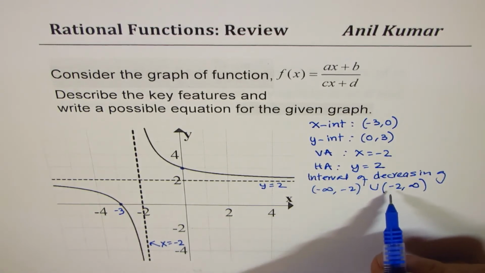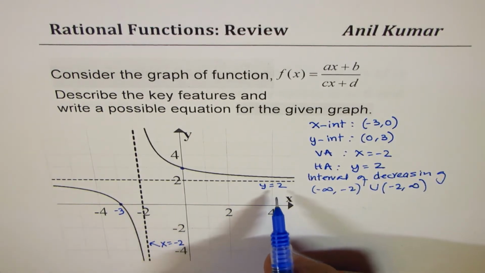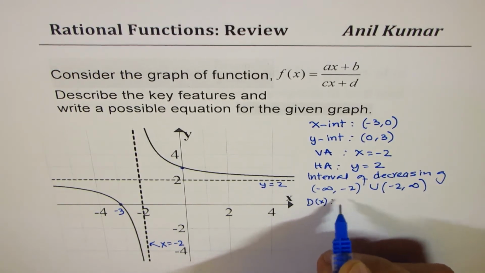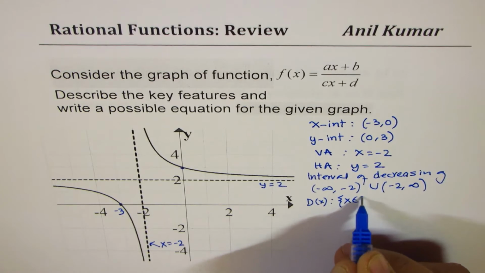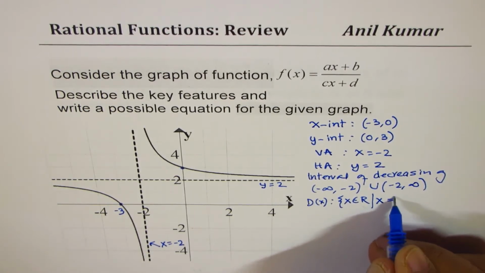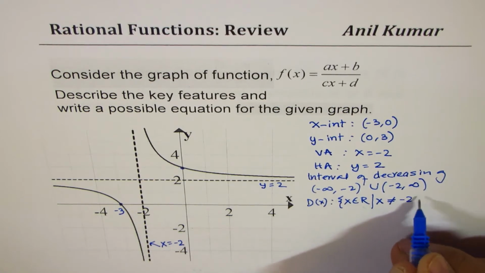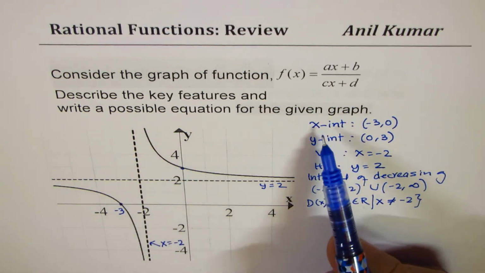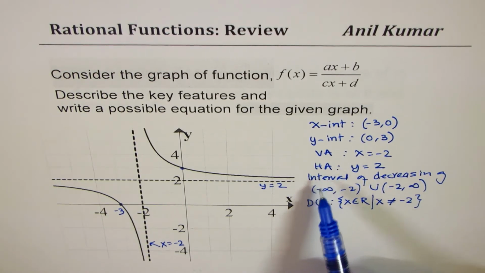Now that is the interval of decreasing, all throughout the domain it is decreasing. So let's talk about domain. The domain of the function is x belongs to real numbers where x is not equal to the vertical asymptote minus 2. So when we say describe key features, it is not just these 4 points, correct?